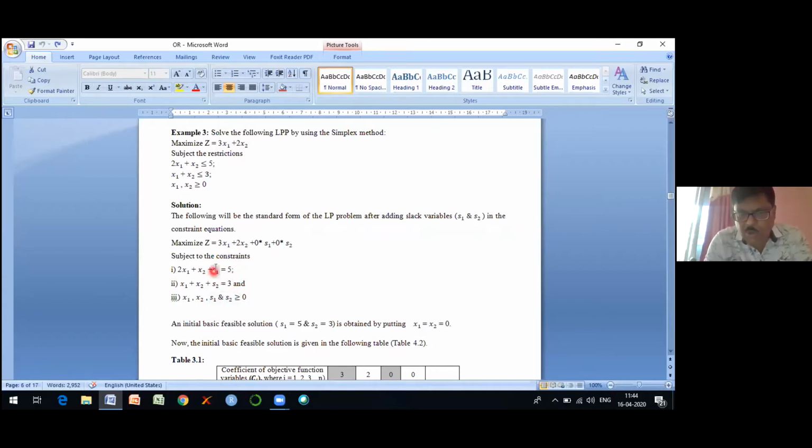After this modification, we can start to solve the problem. Directly we cannot solve the problem from the question. On the basis of the information given in the question, at first we have to make a modified problem, and after that we will learn how to solve the linear programming problem using the simplex method. So the next class is very, very important.